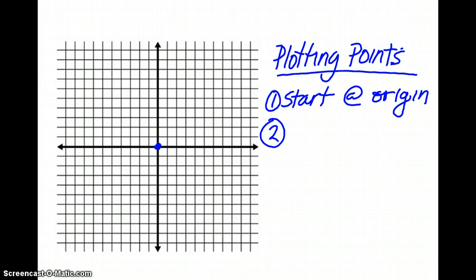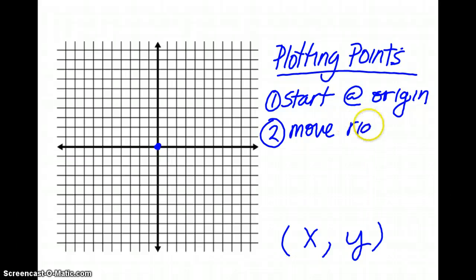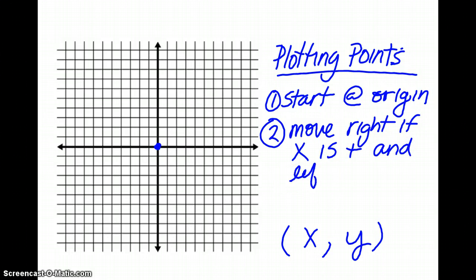And then remember, all ordered pairs, all points, can always be represented with some value for x, comma, some value for y. So the x value pertains to the x-axis. It tells you how much you move right or left. So you move right if x is positive, and left if x is negative.